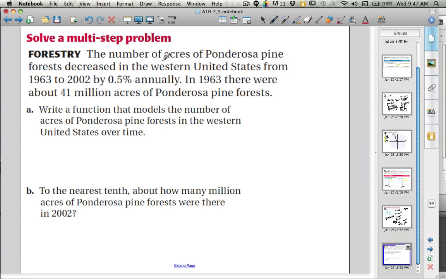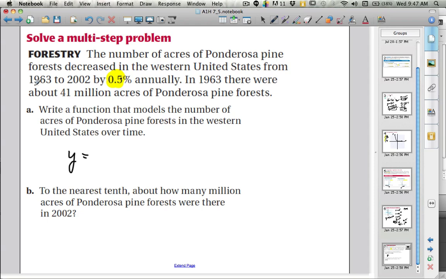Okay, if I wanted to work on a multi-step problem, I've got acres of ponderosa pine forests, and they're decreasing by 0.5% annually. Now, what's going to be really important here is when I put that in as my decay rate, I have to make sure that I make it a decimal. So if I want to write the function, I know that y will be equal to my starting situation.